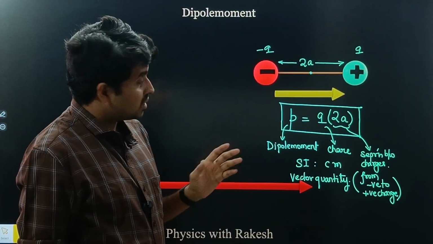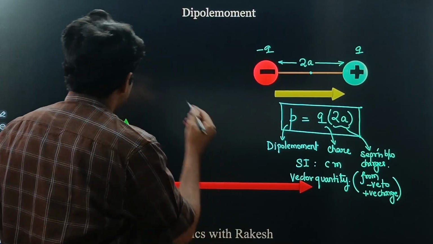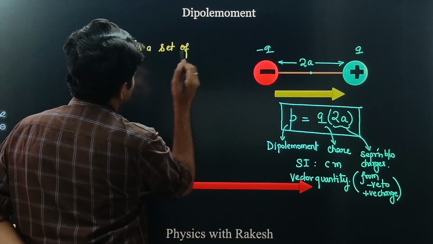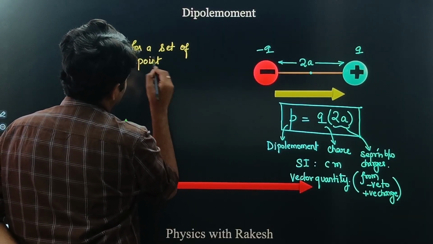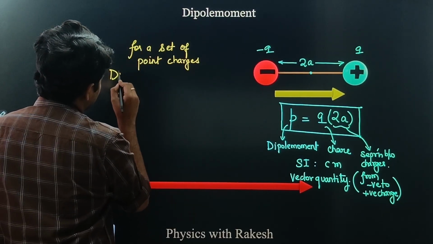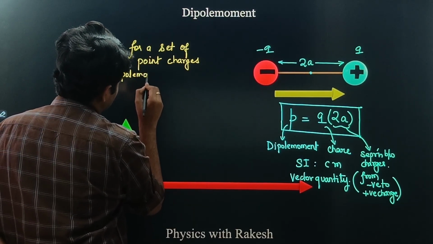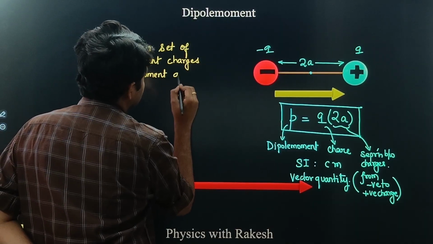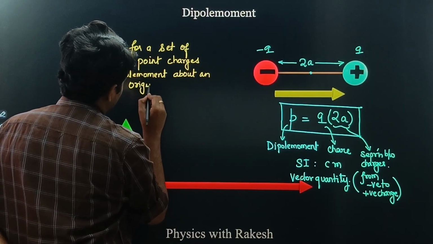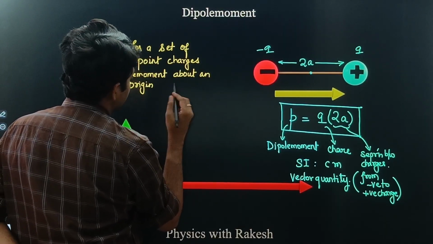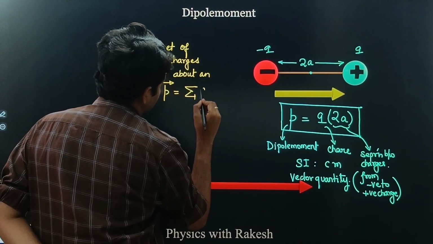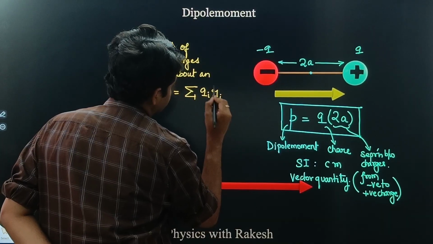But remember this also, for a set of point charges, dipole moment about an origin is given by, let us write this, P bar equal to summation Q_i r_i bar.